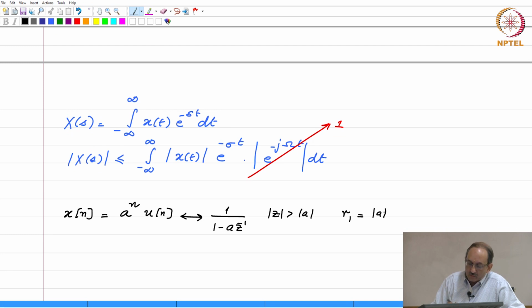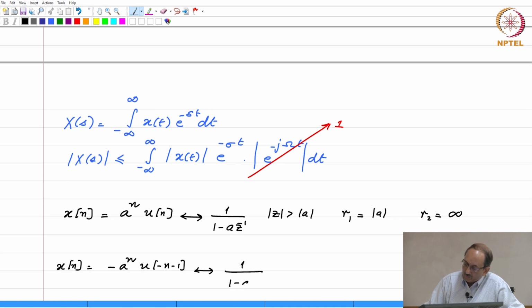Remember, a in general is a complex number, whereas R2 is infinity.